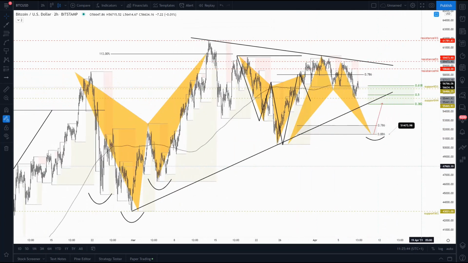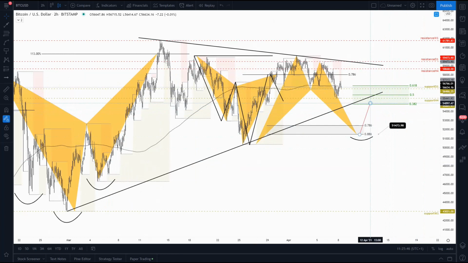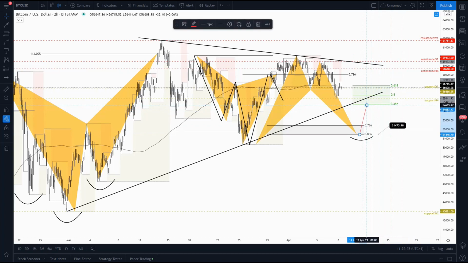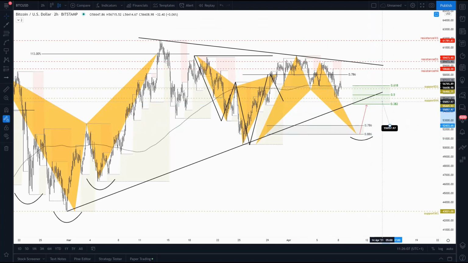Of course, as I said before, and I shared it multiple times, when we trade harmonic patterns or advanced pattern formations, I suggest using the first target as the first zone where we start to close a portion of our initial position size. And then if the price decides to trade the second target, the golden Fibonacci level, we start to trail that position with a trailing stop.